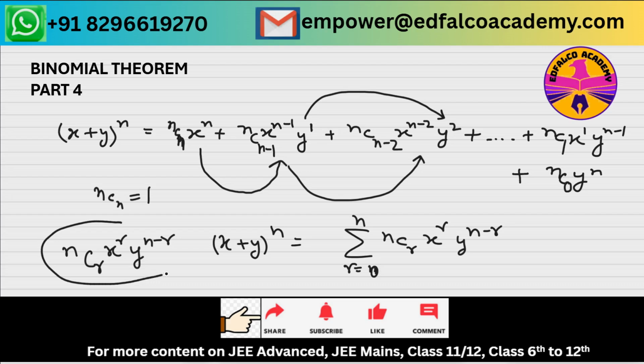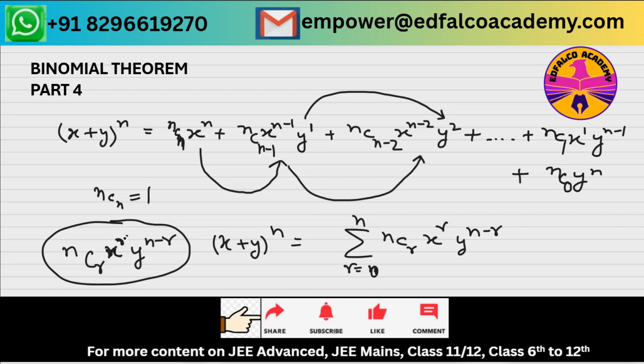What is the meaning of this term? It means that if I am going to pick x from r factors, it's going to give me x to the power r, and therefore I will be left with n minus r factors, from where I will have to collect y, which will yield y to the power n minus r, right?